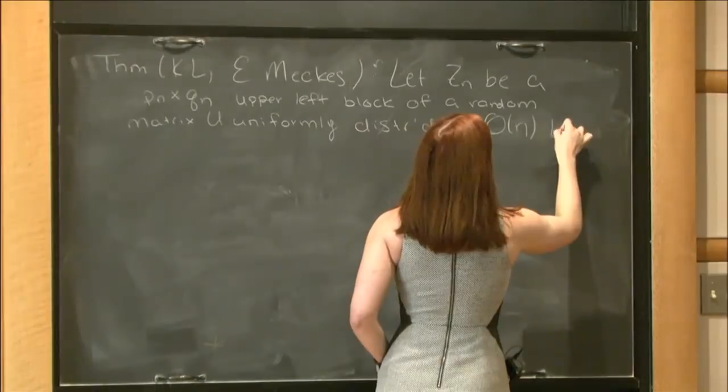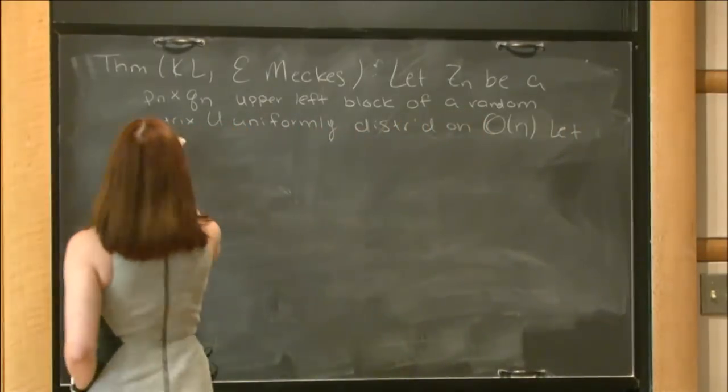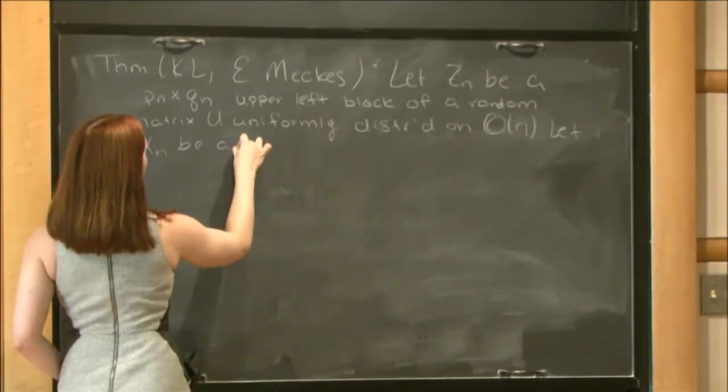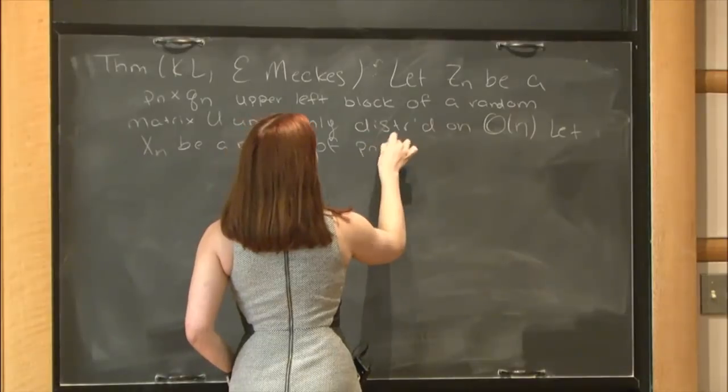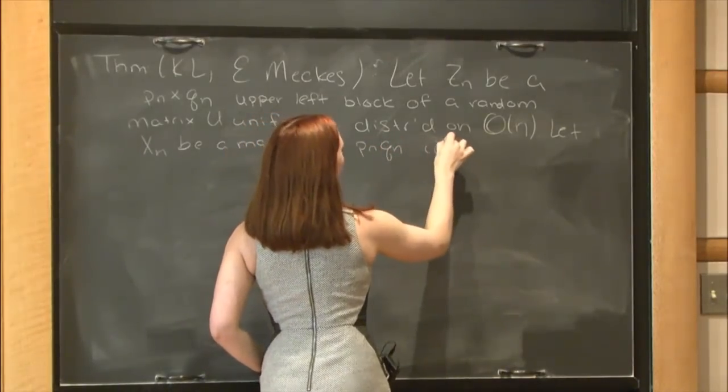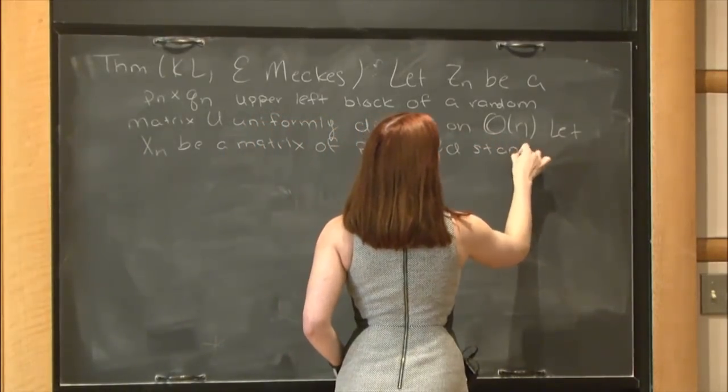Okay. We'll let Xn be a matrix of Pn by Qn IID standard Gaussians.